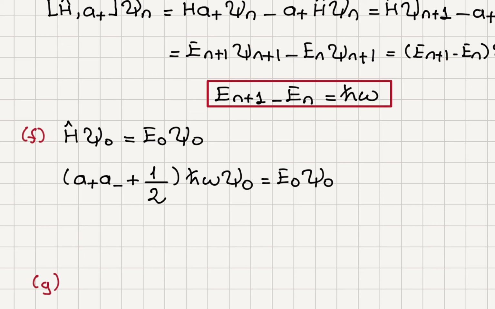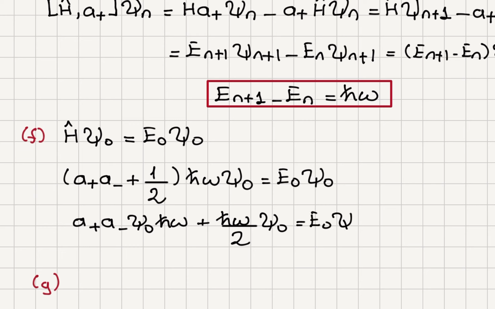So the first term here is A plus A minus applied to psi0 times h bar omega, and then we have plus h bar omega over 2 times psi0, equal to E0 psi0.